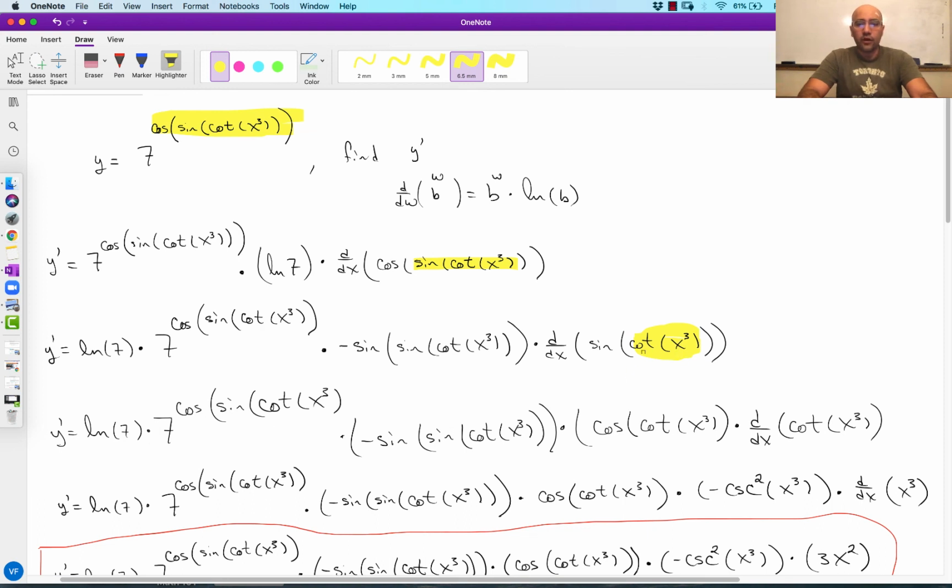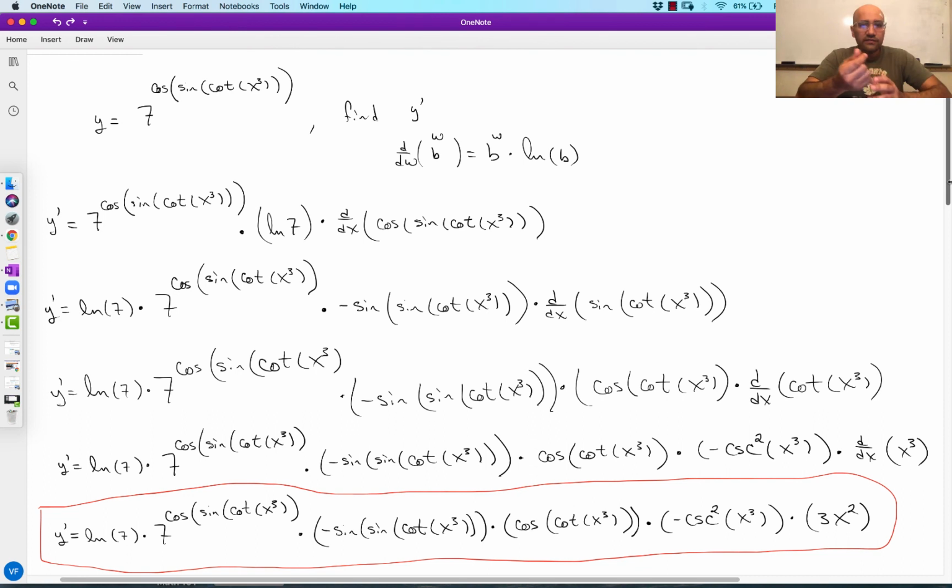The derivative of sine is a cosine, so we just get cosine of this times the derivative of cotangent x cubed. So now we're going to pretend that this guy is just a single letter, and the derivative of cotangent is negative cosecant squared. And finally, we just have to find the derivative of x cubed to get us to our final answer.